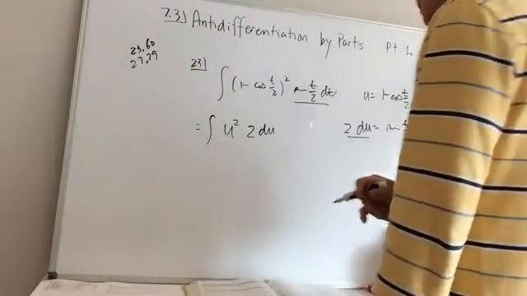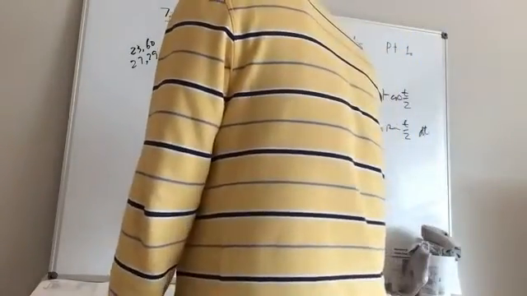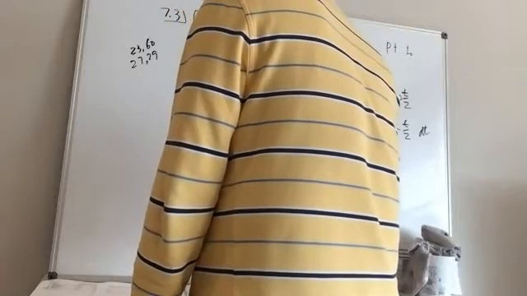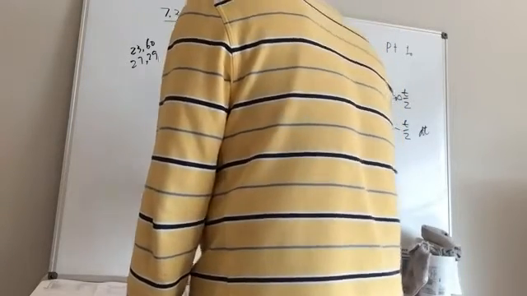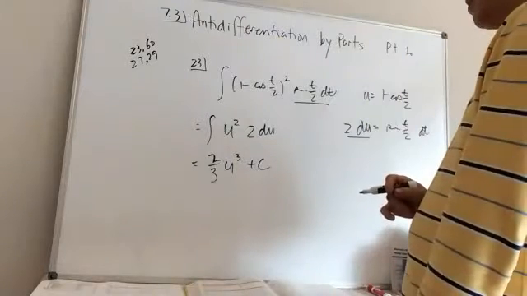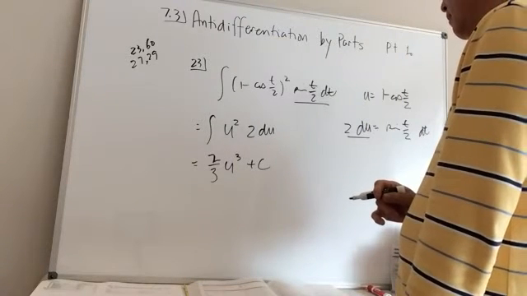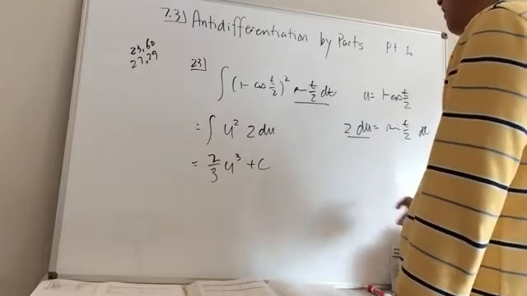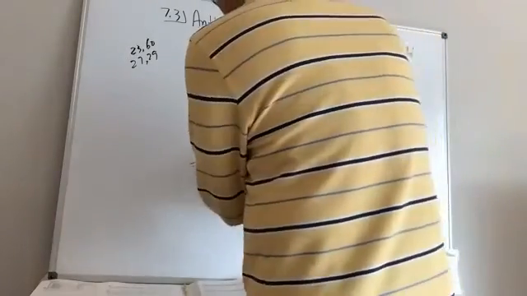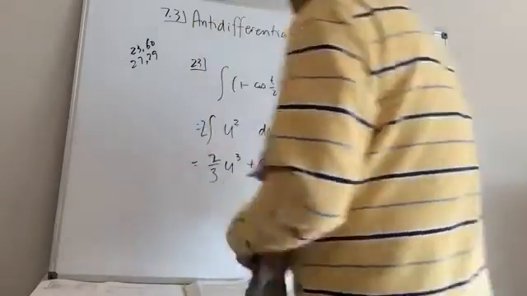Yeah. Okay, so this is going to be equal to 1 over 3 u cubed plus c, and there's a 2 here, right? So the 2, right? Are we good here? I'm going to pull the 2 out and move it in front.